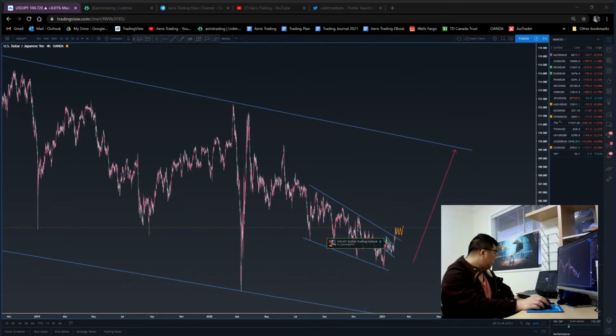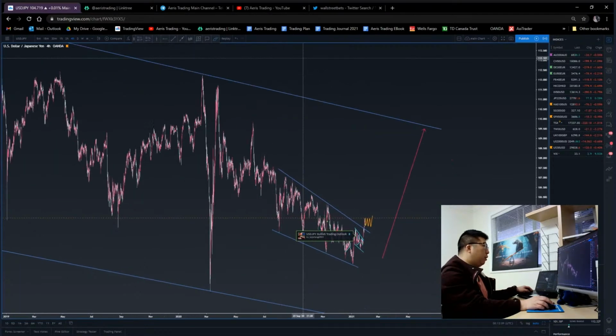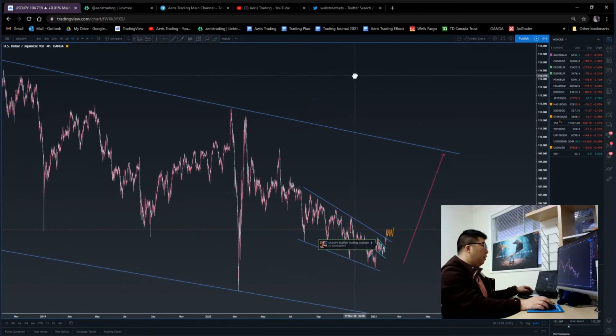So, any other questions, guys? Oh, okay, yeah, certainly. Let's talk about dollar yen details. What kind of leverage? Personally, I trade with Oanda, so they only offer 50 to 1 leverage in Canada. There's obviously higher leverage, but I don't really need it.